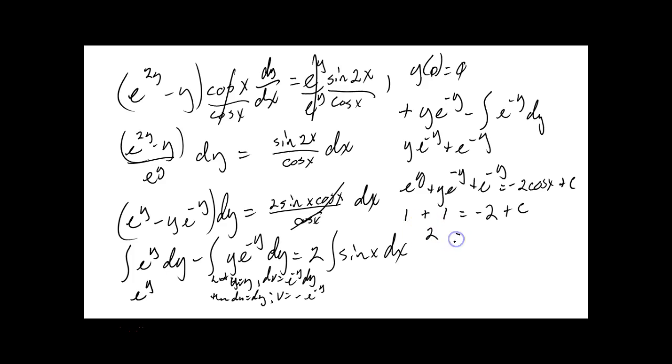So you have 2 is equal to minus 2 plus c. It looks like the c is equal to 4. So what's our solution? e to the y plus y e to the minus y plus e to the minus y is equal to minus 2 cosine x plus 4.